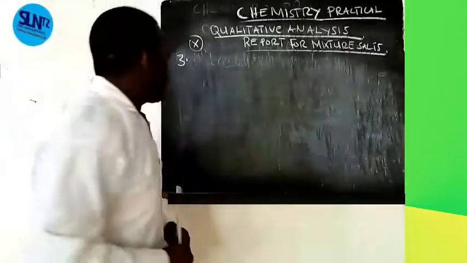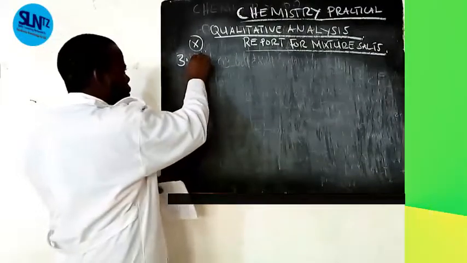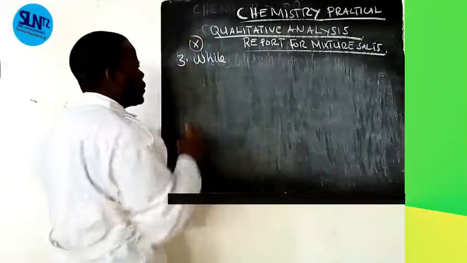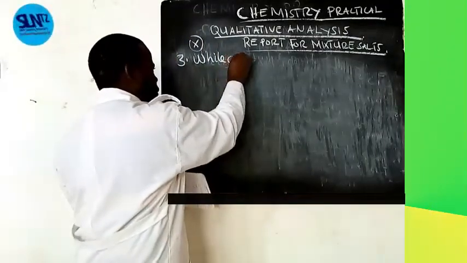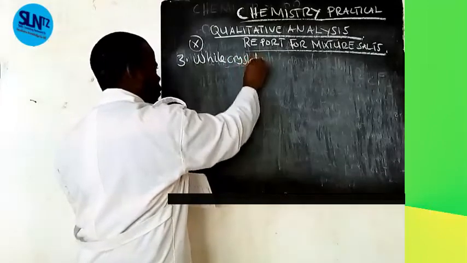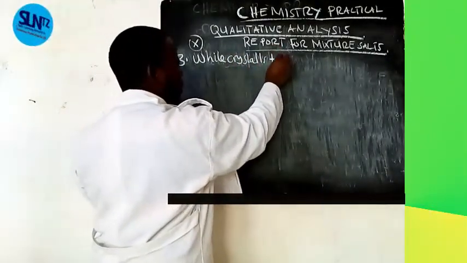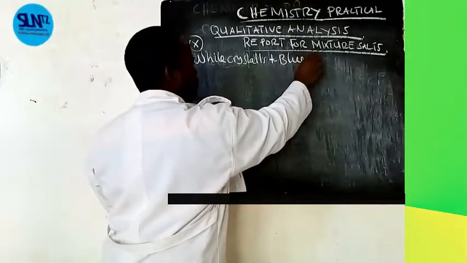Example number 3. Assume we have been provided with a mixture of white crystals mixed with blue powder.